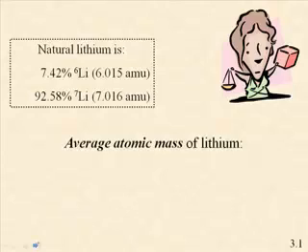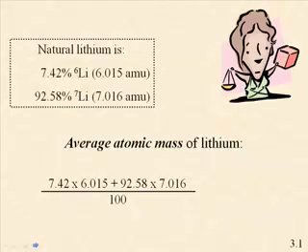Okay, so we do a weighted average. You take the percent times the mass plus the percent times the mass of however many isotopes you have. In this case there's 2. Divide that by 100 and we get an average mass of 6.941 atomic mass units. So it's a weighted average.